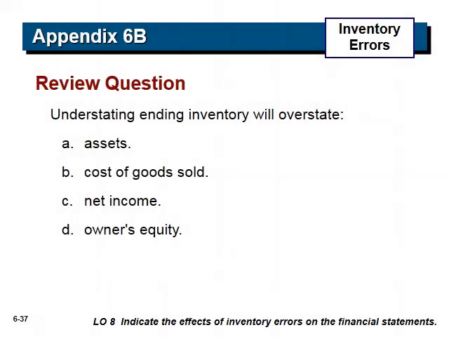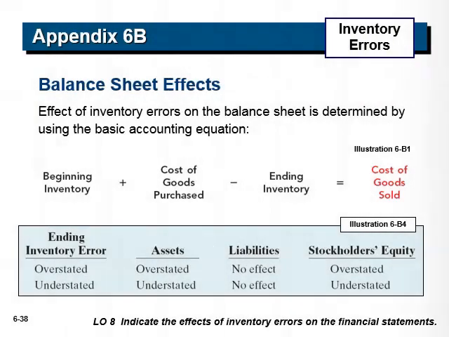Understating ending inventory will overstate cost of goods sold from that previous slide. And the balance sheet effects, again, your ending inventory, if that's miscounted, you're going to have an error. But here's the issue: if it is miscounted last period, it's going to affect your beginning inventory as well.